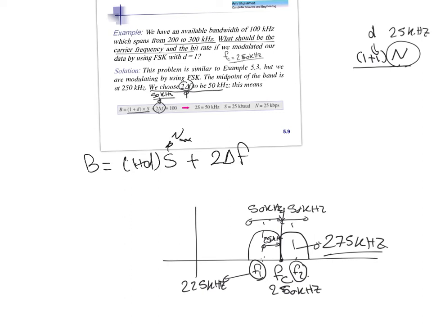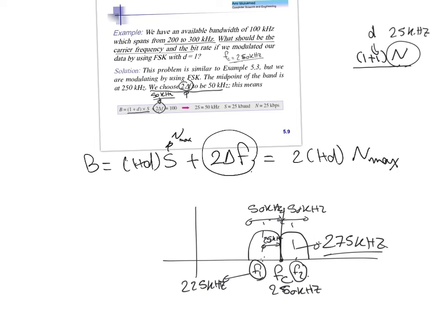The maximum value for N is when 2 delta F is maximum or minimum? When the guard band is 0, but we don't have 2 delta F 0, huh? When 2 delta F is minimum, and we know that the minimum 2 delta F is 1 plus D times S. So the maximum N is when we have 2 times 1 plus D times N maximum.